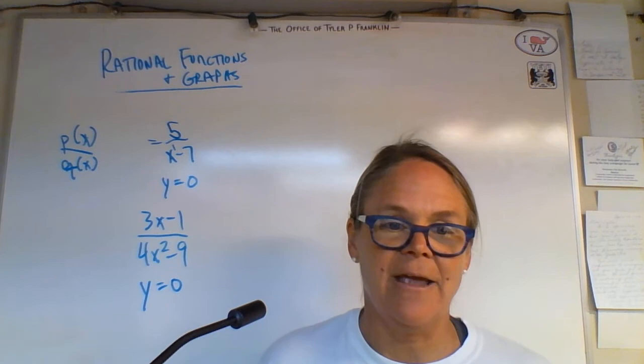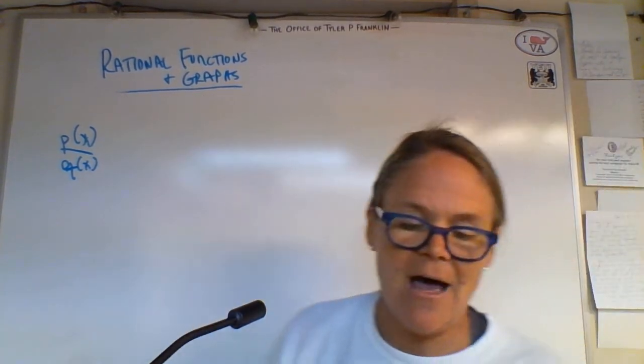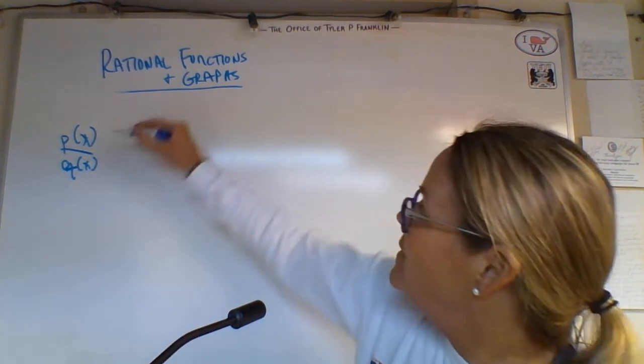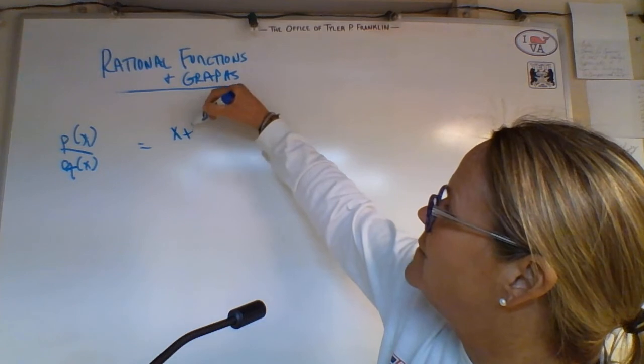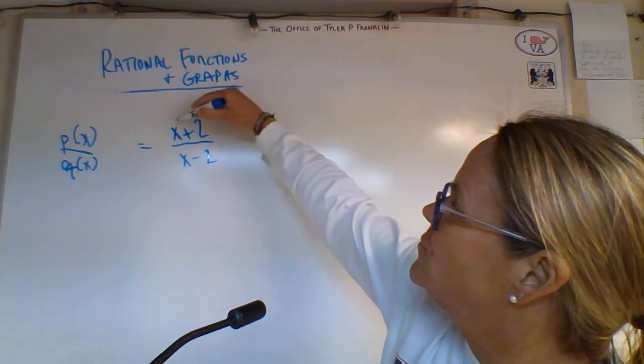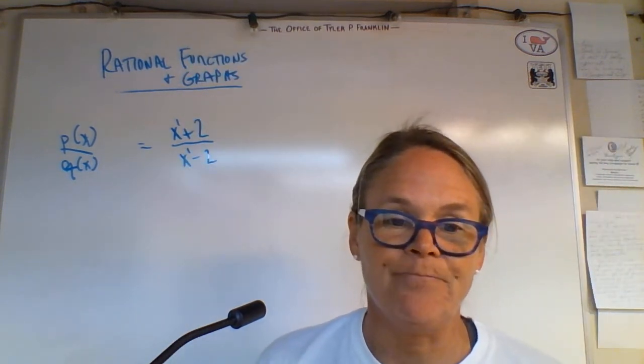Automatically, no thinking. Now, if the degree of the top is equal to the degree of the bottom, an example would be something like x plus 2 over x minus 2. Those are both to the first degree.